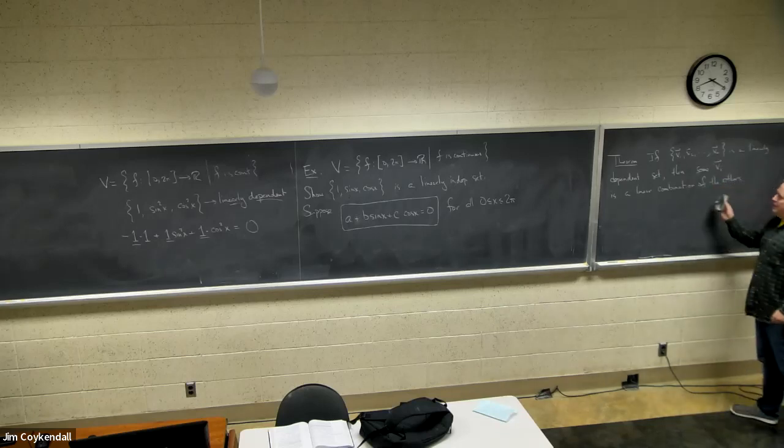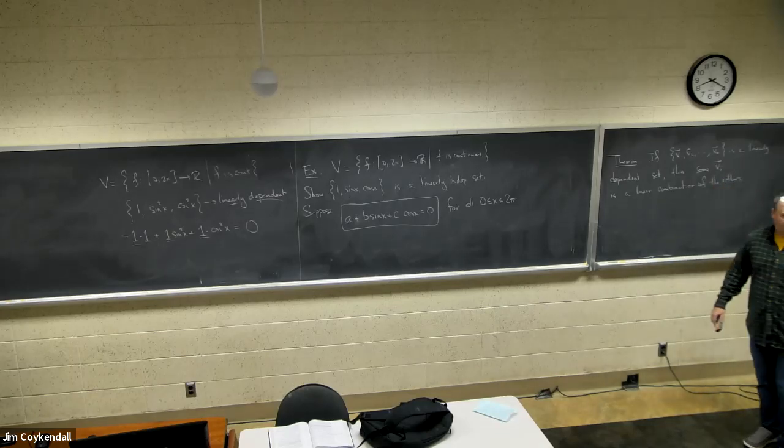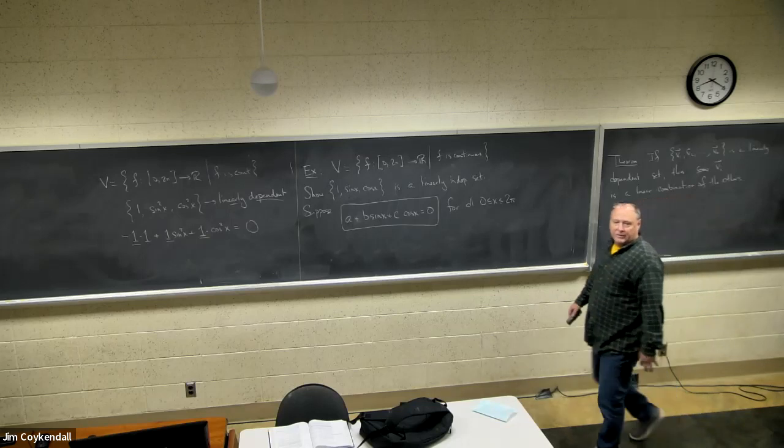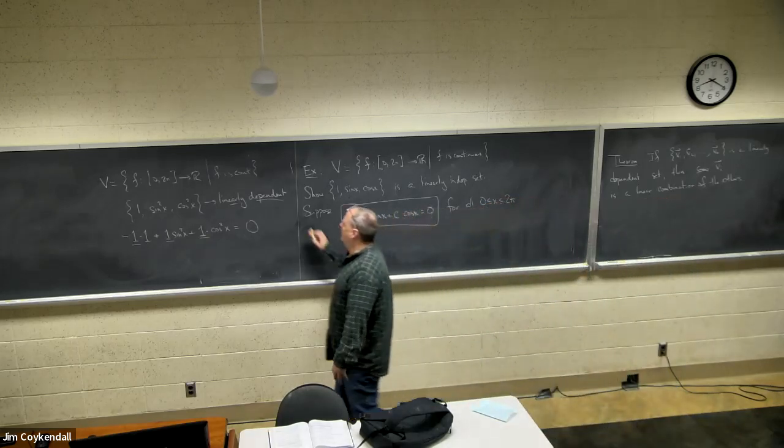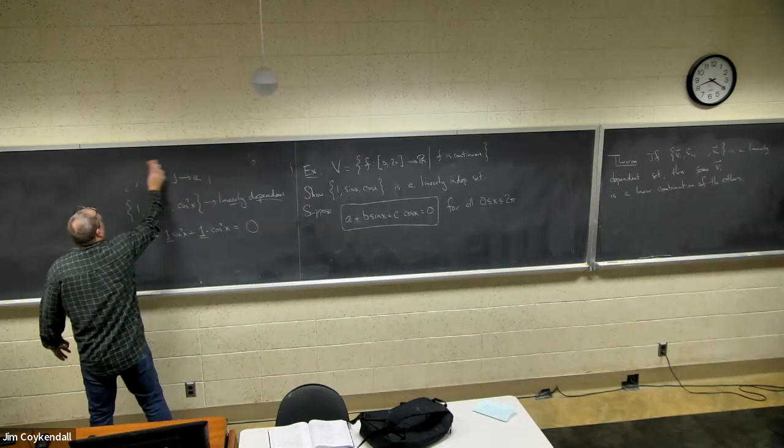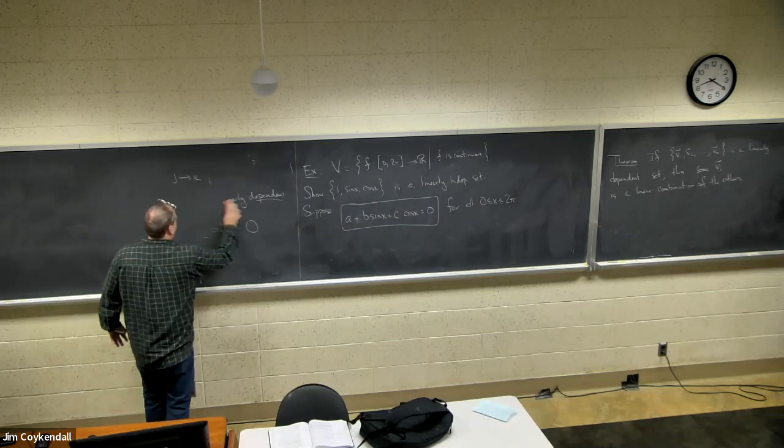And in fact, the converse of this theorem is true too. That is to say, if one of the vectors is a linear combination of the others, then it's a linearly dependent set. This is why this is true.